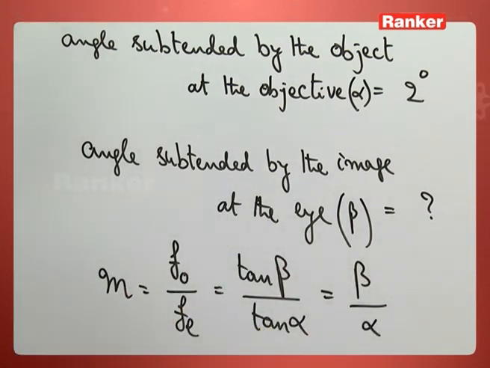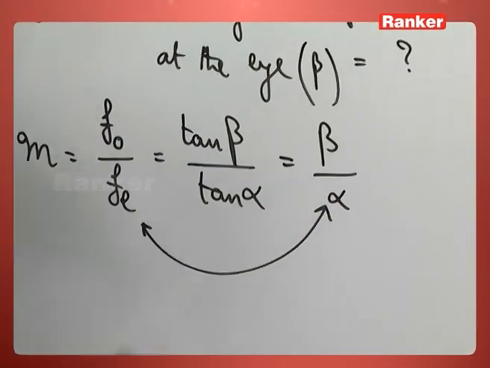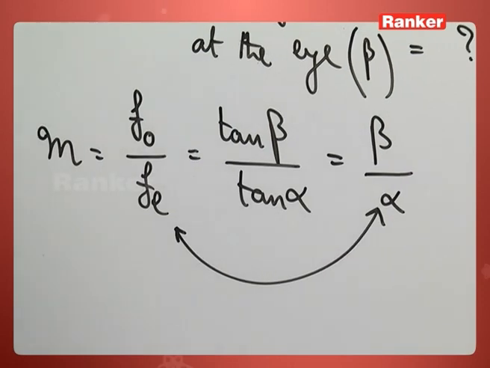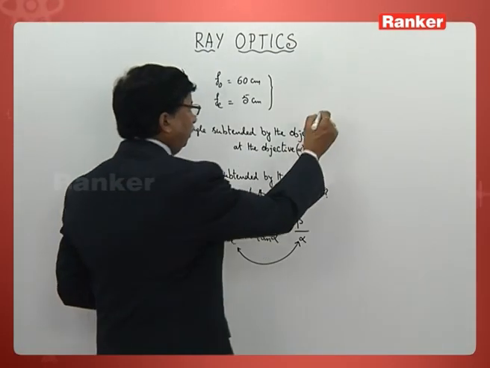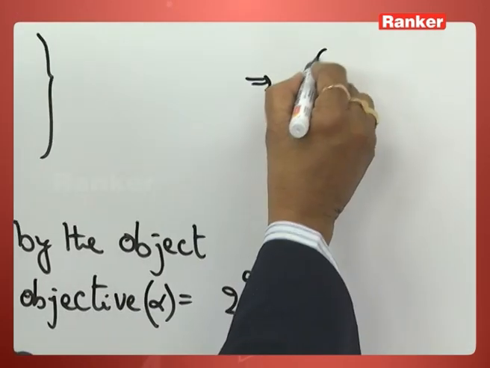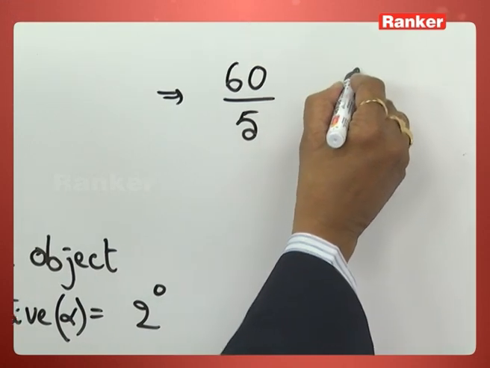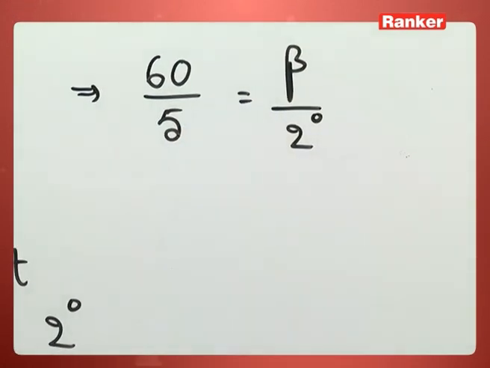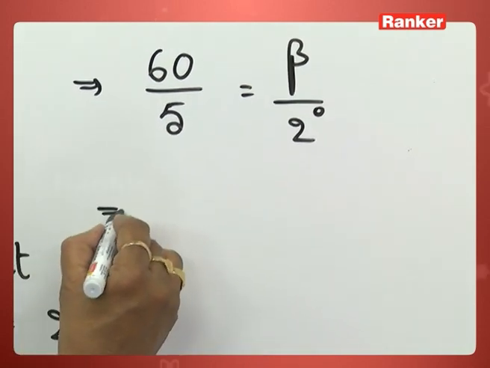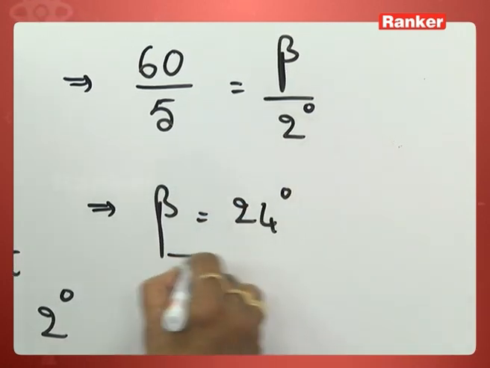Then we can equate these two values directly: FO by FE is equal to beta by alpha. What are the values he has given? FO is 60, FE is 5, equal to beta to be calculated, and alpha is given as 2 degrees. So what will you get out of this? Beta now becomes 24 degrees.